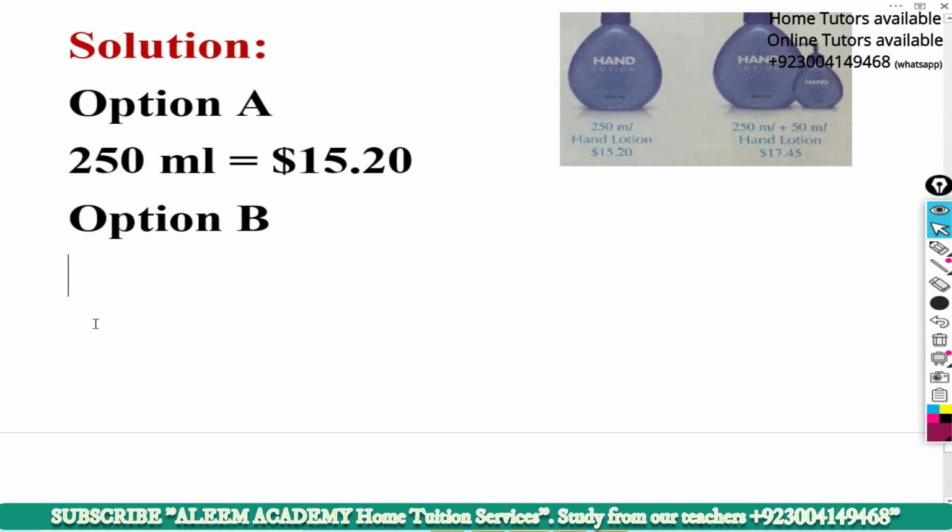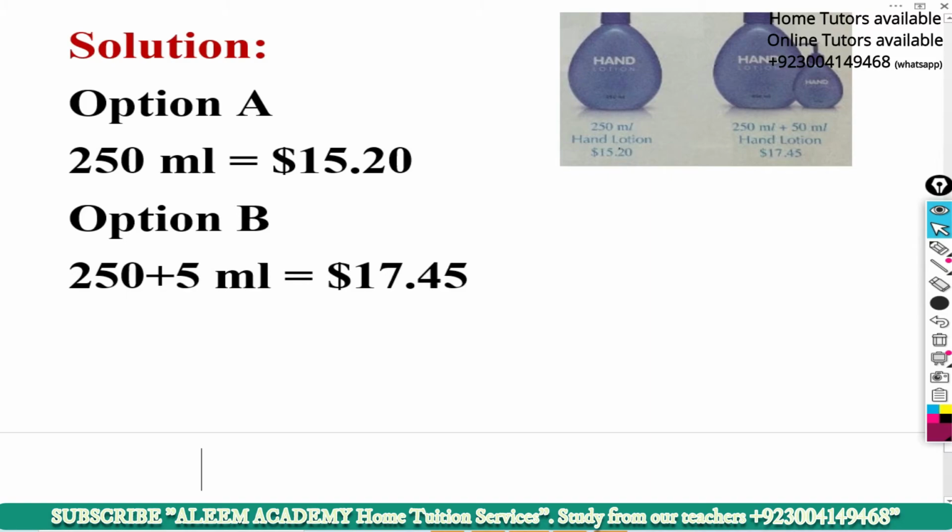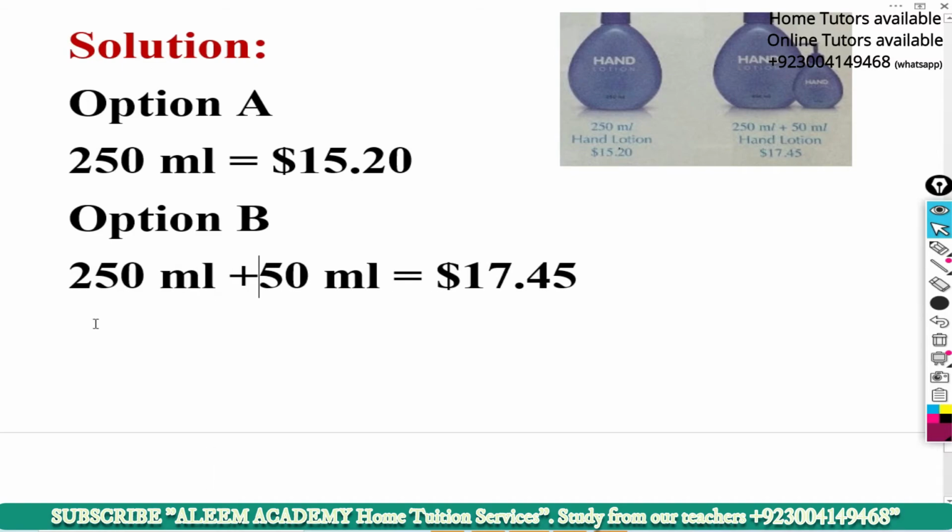Option B is giving you 250 plus 50, 300 ml in $17.45. You can write this as 250 plus 50 ml, or you can just write it as 250 ml plus 50 ml. This will be easy for you.